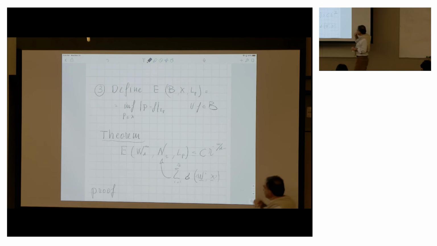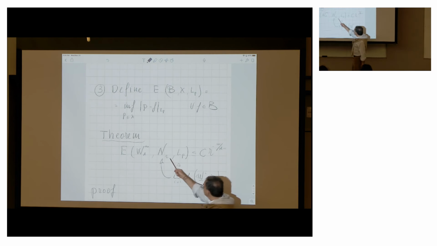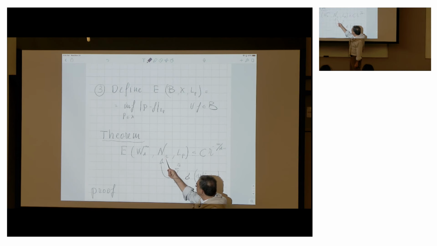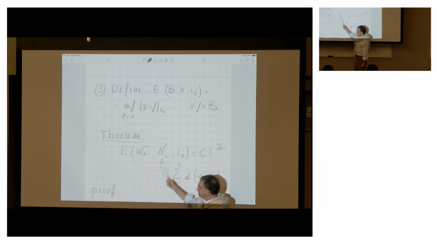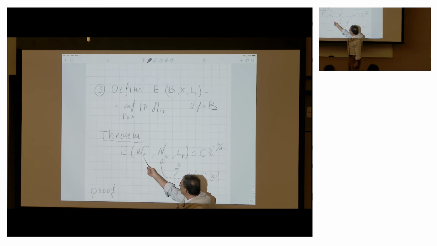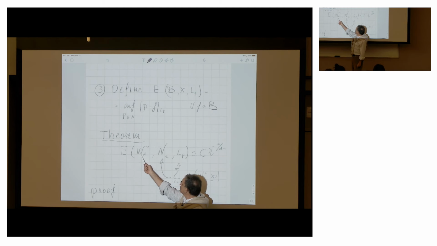Then the theorem is: if this is the space of our neural networks with one hidden layer and R units, and the space of functions I want to approximate is Sobolev, dimension D, M smoothness.